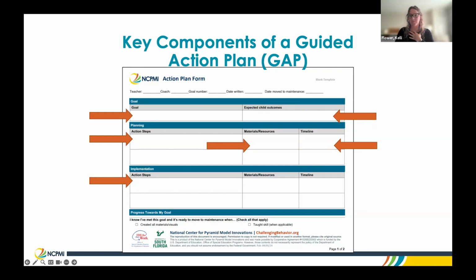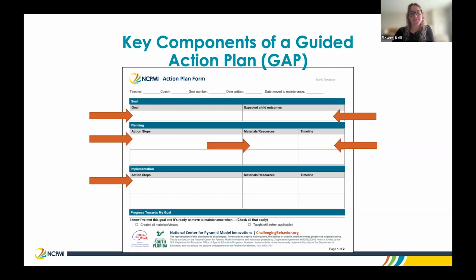If I'm in charge of providing them with the material, I know when they need it by, and if they're in charge of making it, then they know when they need to have that by. But you know, we are very supportive coaches here in MNPS. So if they don't have it done on time, that's okay. We'll figure it out as we go.